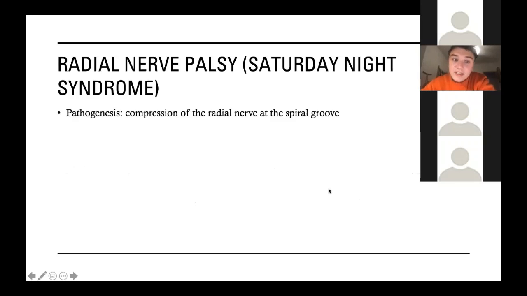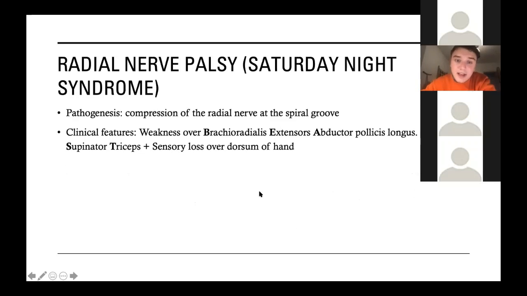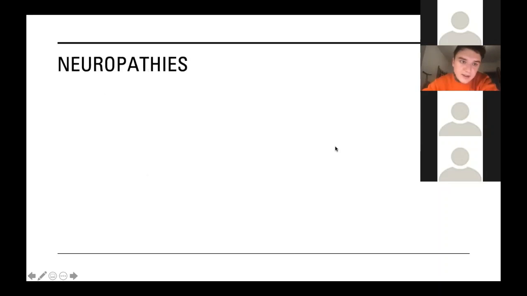So the pathogenesis is just the compression of the radial nerve in the spiral groove, and you get a weakness over the so-called beast muscles, as they like to say. So your brachioradialis, your extensors, your abductor pollicis longus, your supinator, and your triceps. And you also get this sensory loss or sensory disturbance over the hand. So with this, he had a paresthesia over the hand.